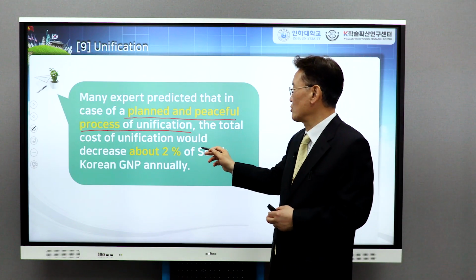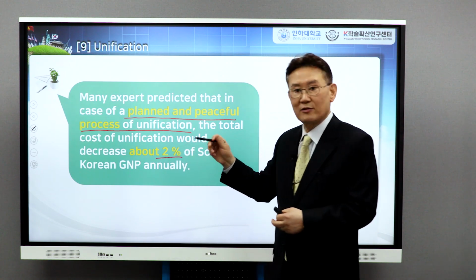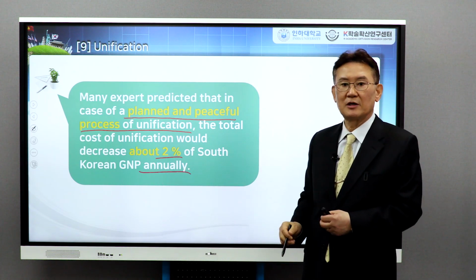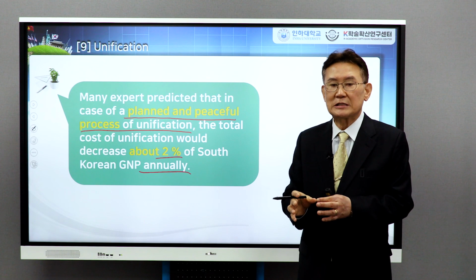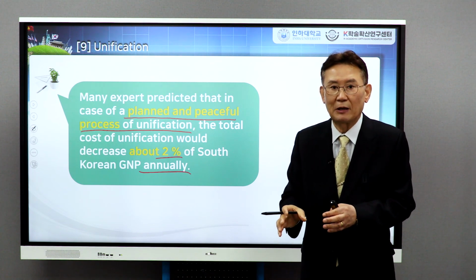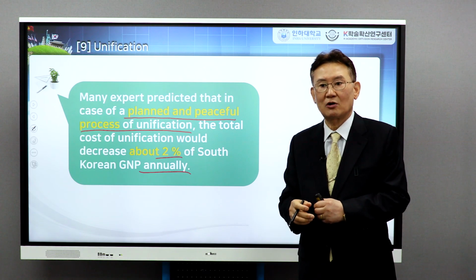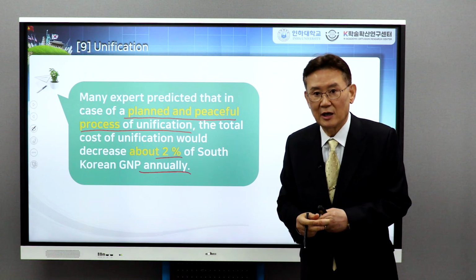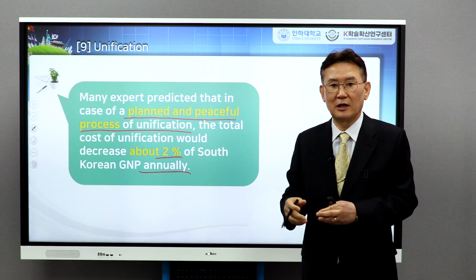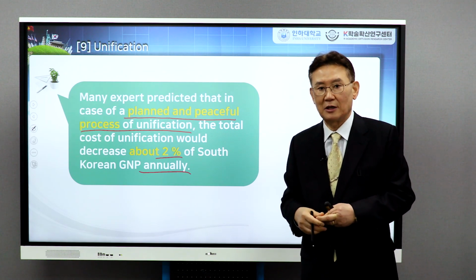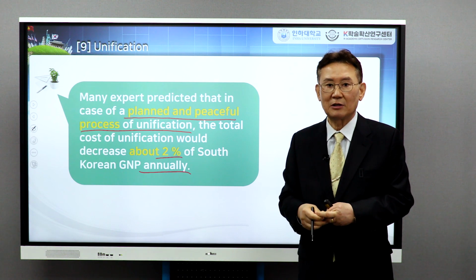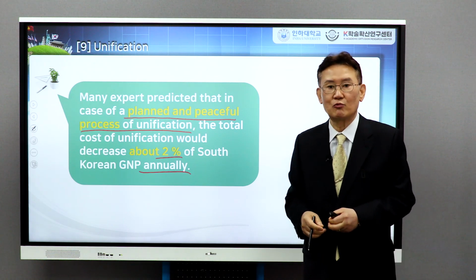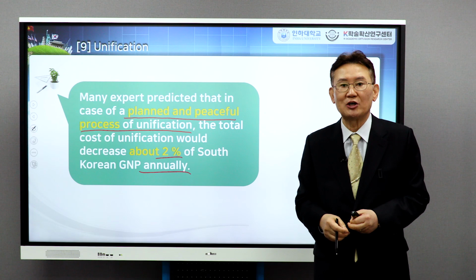In other words, if the two Koreas agreed to have a peaceful unification, the cost would go down to half of what was calculated by many experts. Again, I personally doubt the peaceful unification between the two Koreas. Obviously, we need some wisdom to achieve unification in the future.